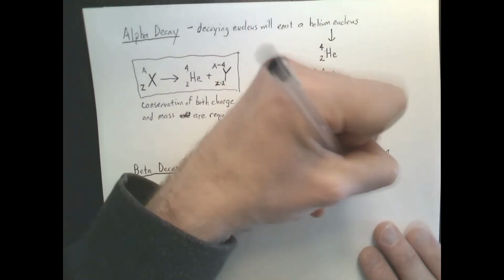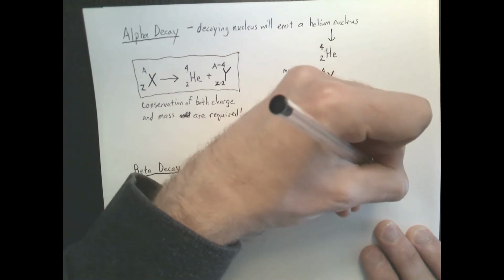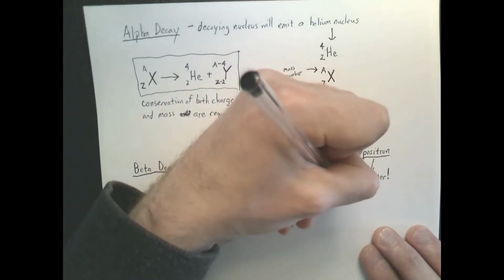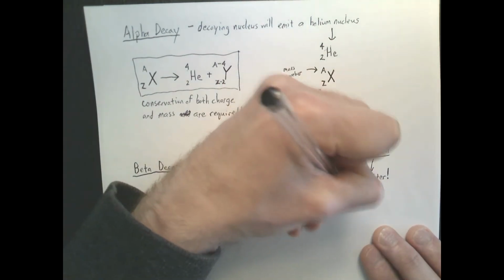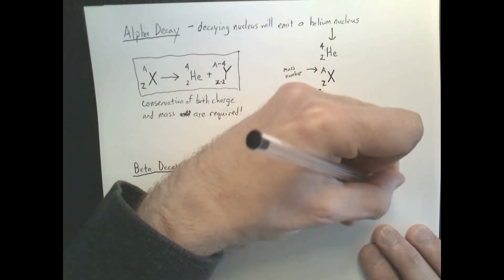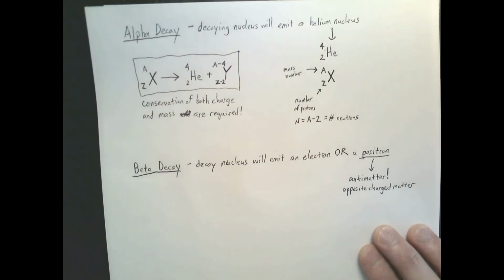A positron is an example of antimatter, which sounds really exciting, and it kind of is, but really antimatter is just regular matter with the opposite charge. So a positron has the exact same mass as an electron, but it's positively charged. So it's a little tiny positive bit.